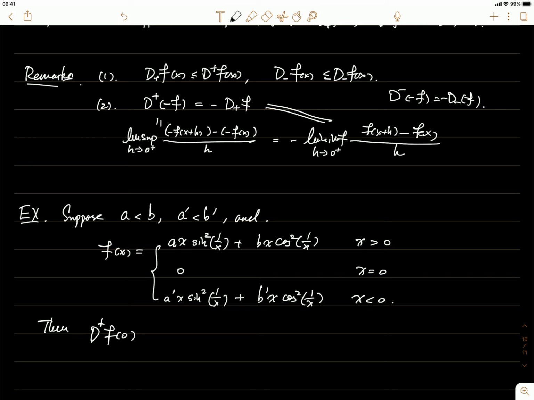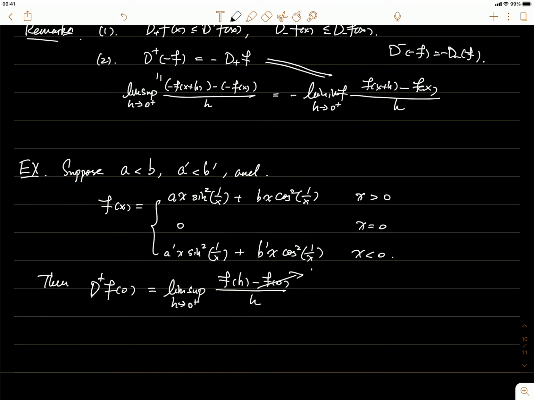According to the definition, this should be the lim sup as h goes to 0 of f of h minus f of 0 divided by h, right? And f of 0 is 0, so this part is just 0. And f of h, we just plug in the value of h, that would be a h sine squared of 1 over h plus b h cosine squared of 1 over h, divided by h.